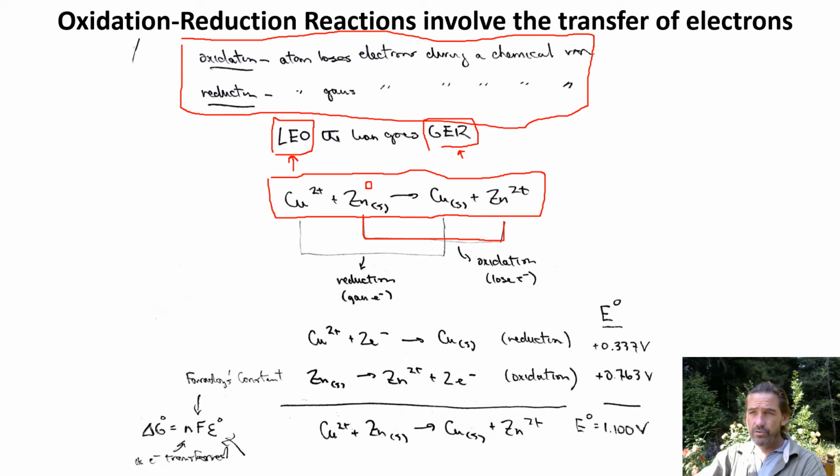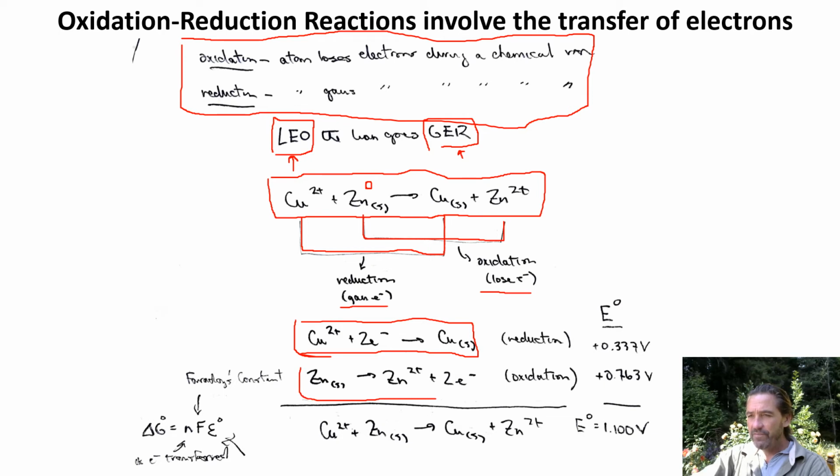It lost 2 electrons. And the copper will actually blacken the piece of zinc metal because it becomes reduced. At the surface of the zinc metal, copper 2 plus would gain 2 electrons to make copper metal. So it actually coats the zinc metal. And so that is reduction, gaining of electrons. We could write this in terms of half reactions, showing the reduction of copper 2 plus and showing the oxidation of the zinc metal.